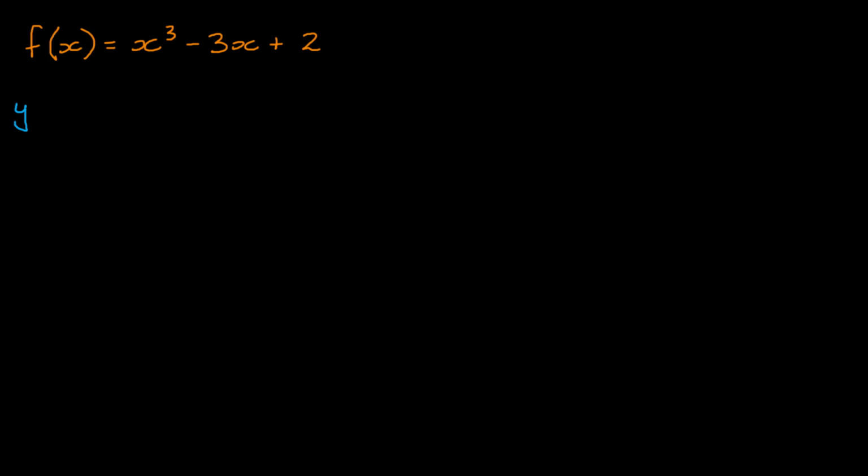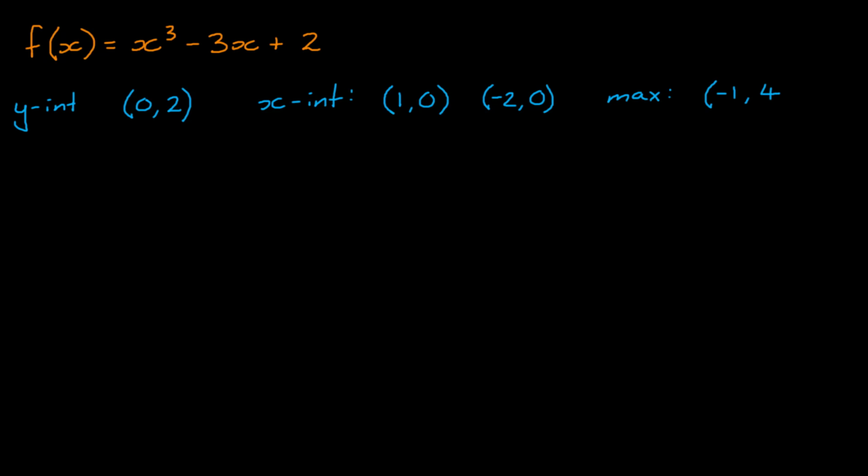We have a y-intercept at 0, 2. We have x-intercepts at 1, 0, and -2, 0. We have a maximum at -1, 4, and a minimum point at 1, 0.